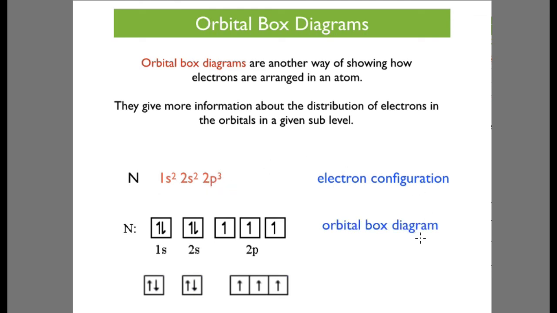The orbital box diagram tells us a similar thing, in that it shows 2 electrons in 1s, 2 electrons in 2s, and 3 electrons in 2p. These arrows are representing electrons. However, it also tells us that in the p sublevels, electrons fill 1 each. They don't fill 2 by 2.